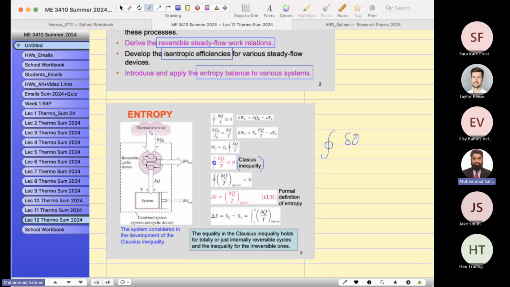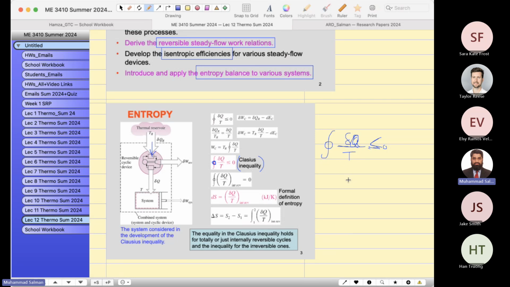In a cycle, the heat transfer per unit temperature is either equal to zero or less than zero. What it means, let me show you, is that when the heat is transferred, you lose heat. When you lose heat, this becomes negative.